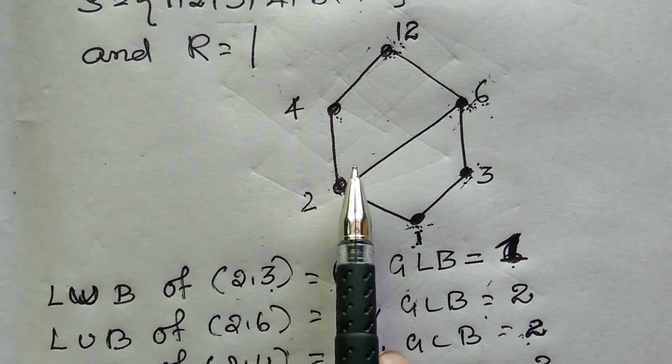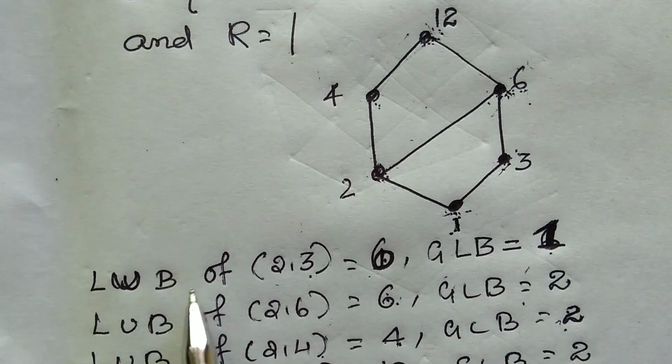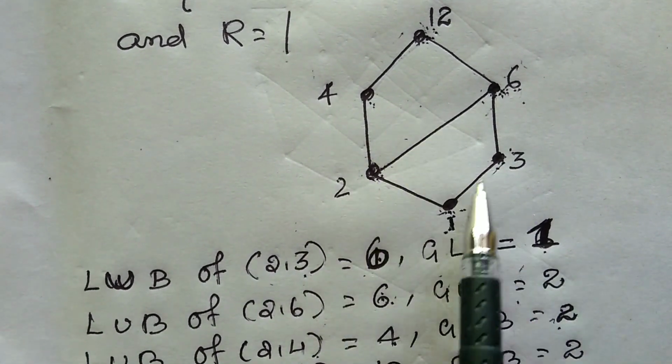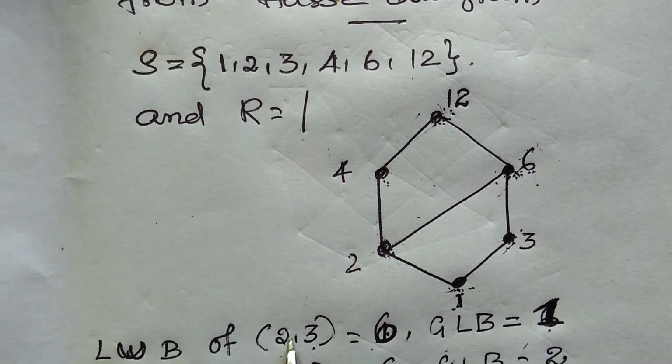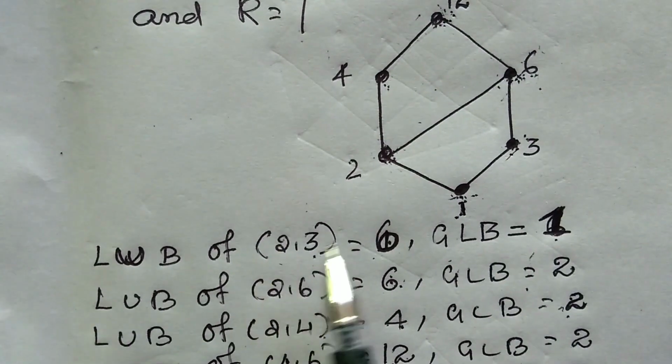Now from this Hasse diagram, how do we find the least upper bound and greatest lower bound? You can take any pair of elements from this set. First, 2 and 3.